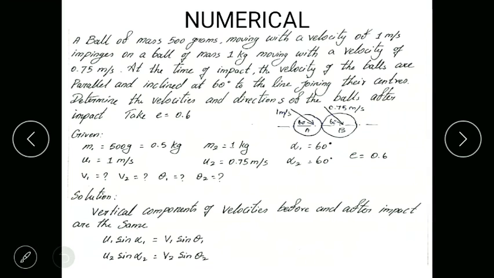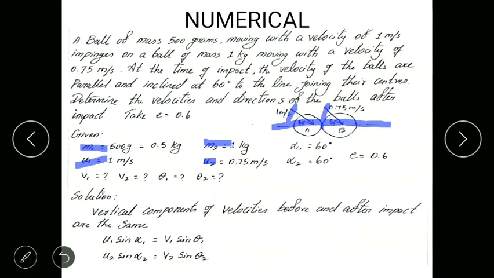So we have two masses, A and B, with m1 equal to 0.5 kg and m2 equal to 1 kg. The initial velocity u1 is 1 meter per second. The initial velocity of mass 2 is 0.75 meter per second. They travel in the same line, and the velocity is inclined with the line of impact.